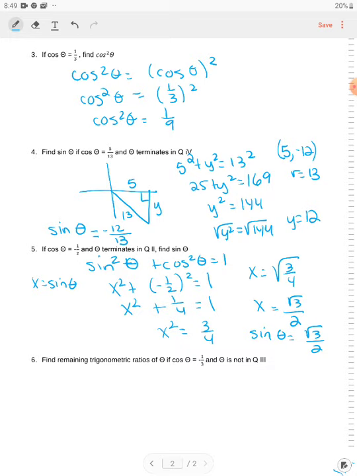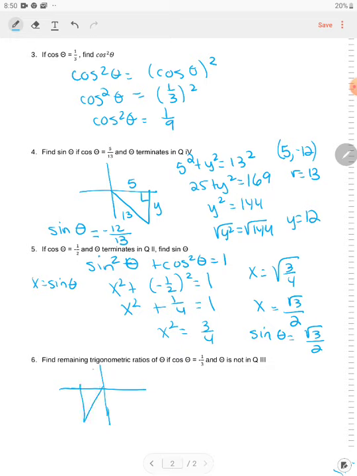Okay, find the remaining trigonometric ratios of theta if cosine of theta is equal to negative 1/3 and theta is not in quadrant 3. Okay, so you want cosine to be negative 1/3, so that's x over r. So x is negative in quadrants 2 and 3.